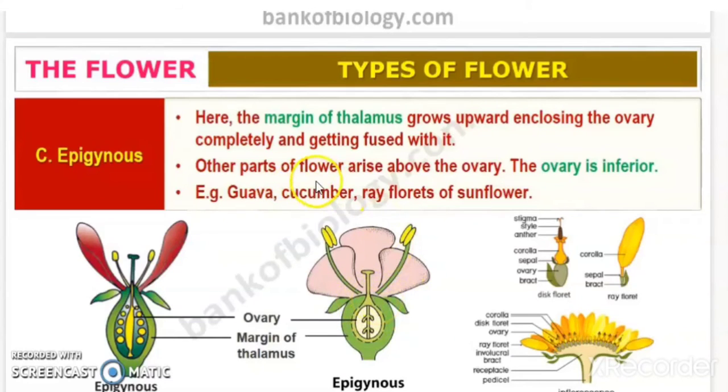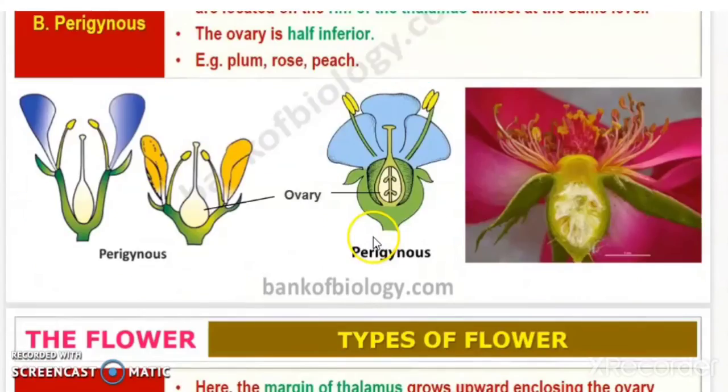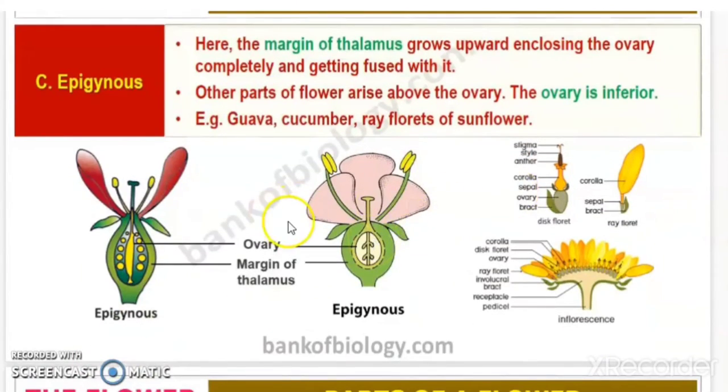Okay, so other parts of flowers will arise above the ovary. So as the thalamus is completely covering the ovary, the other parts like the sepals, petals, androecium, all these things will grow above the ovary. Okay, and so the ovary here is inferior. Okay, so the perigynous was half inferior, and in the case of this epigynous, it is completely inferior.